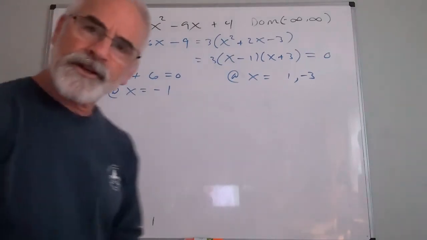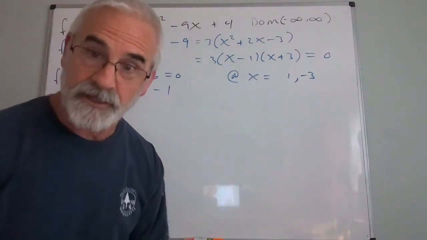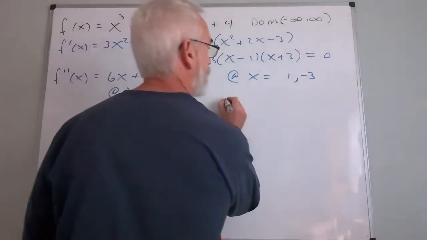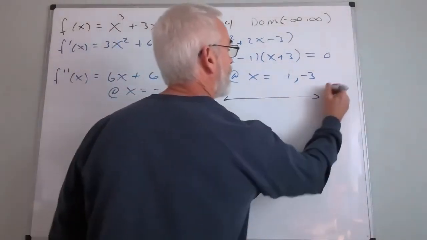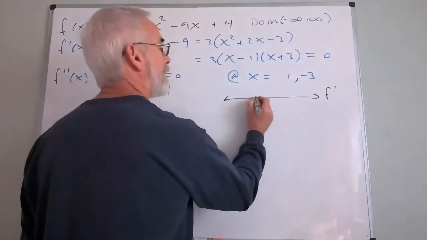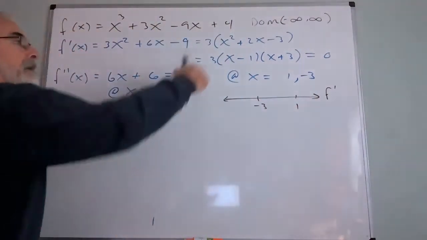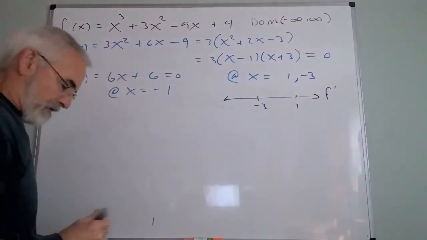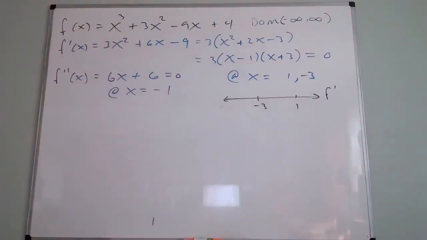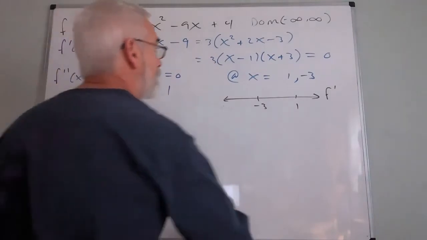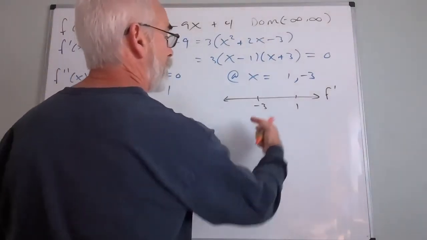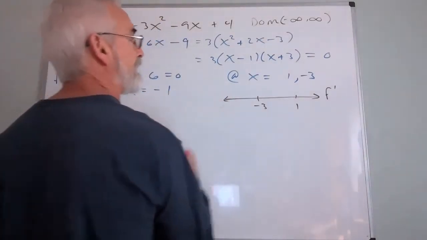Now, I want to go ahead and do my intervals of increasing and decreasing like we usually do. Okay, so let's make a number line. This will be the f prime number line. And I have two values, -3 and +1. Go to the factored form, it's easiest. So I pick a number left of -3, like negative bazillion.